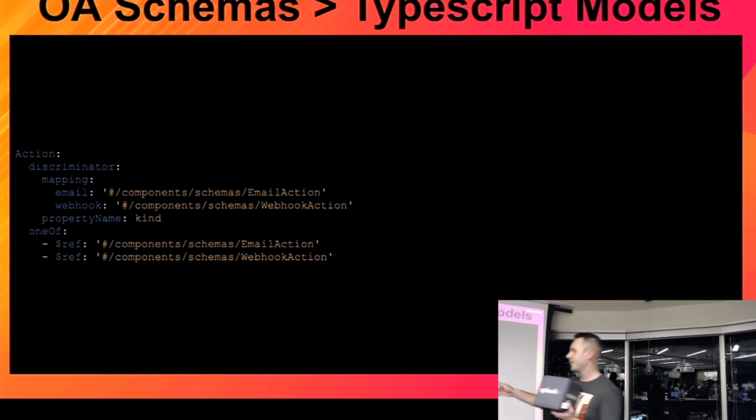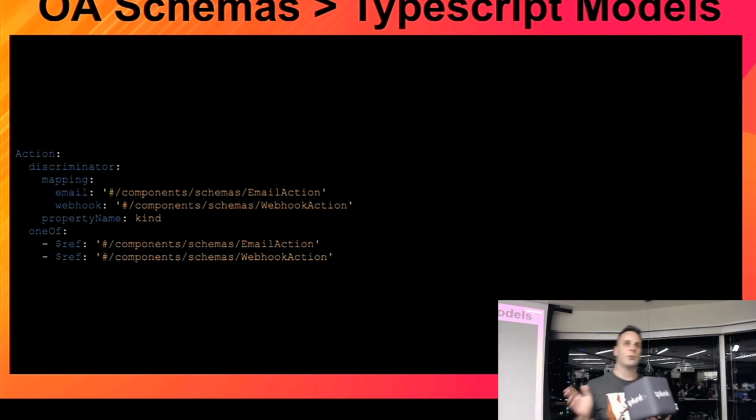What this is saying is that this property, kind, will actually tell you which one maps to which. That's an OpenAPI concept. In this case, literally the string email maps to the email action model, and webhook maps to the webhook action model. So you can use that to manually figure it out. We also have logic that I didn't show that basically does that for you.